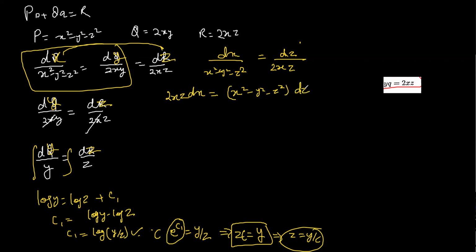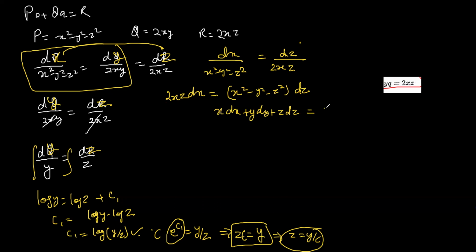Actually, this topic is very difficult because you have to think a lot about how to eliminate. Now, when you open the bracket, x dx plus y dy plus z dz, we will try to make this into this form. Why? Because this is a standard trick which is used in multipliers. So you can see x dx, right?